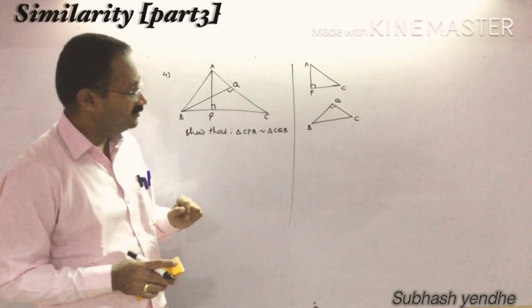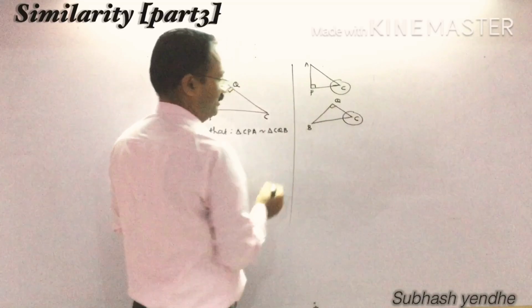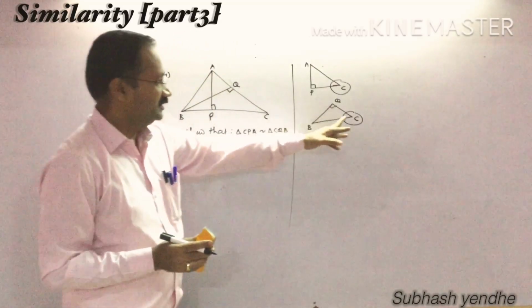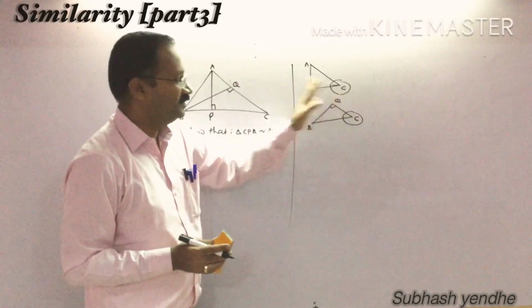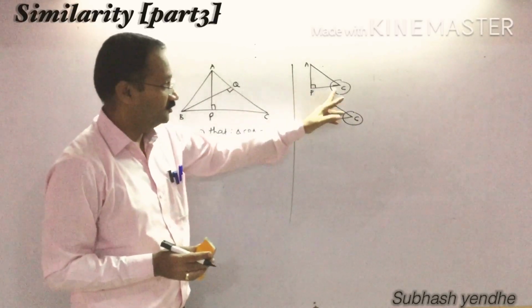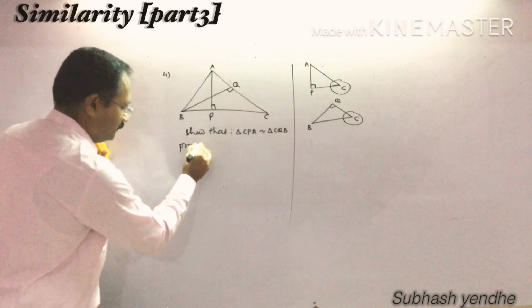Is common angle there? Yes. C is a common angle, because that C letter is double, but no line is passing through that C angle. Therefore, C is a common angle. So we can write the proof here.